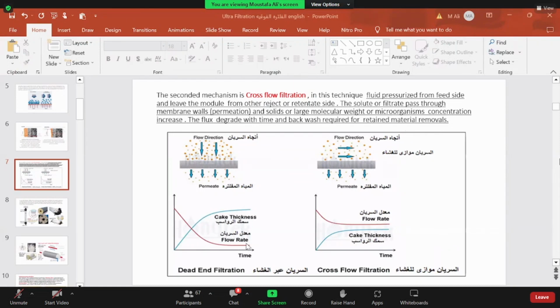This is for dead-end filtration. For cross-flow filtration, a similar thing happens, but in a different way. The flow rate declines also, but of course not as much as in dead-end filtration, and the cake layer is a little bit thinner than in dead-end filtration. So these are the main differences between the two types.